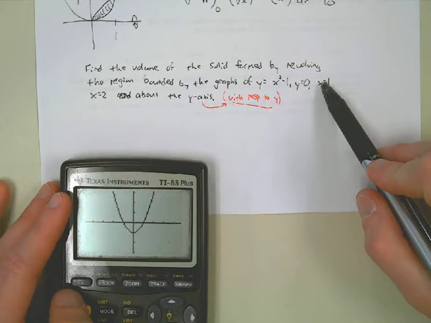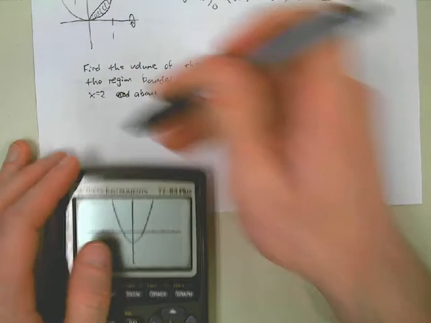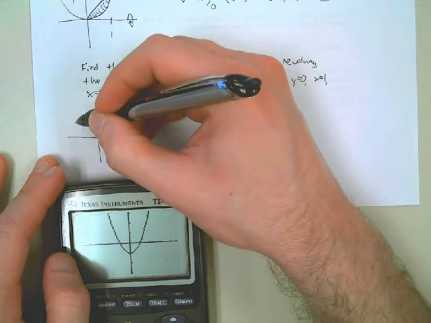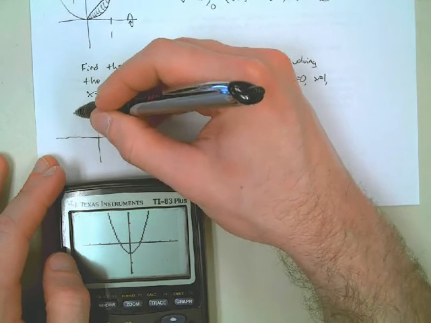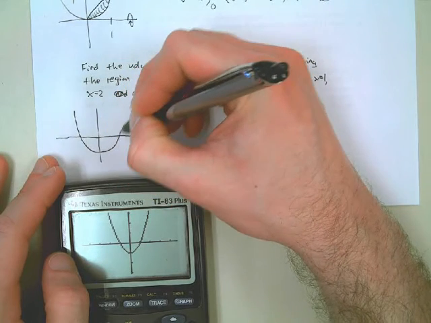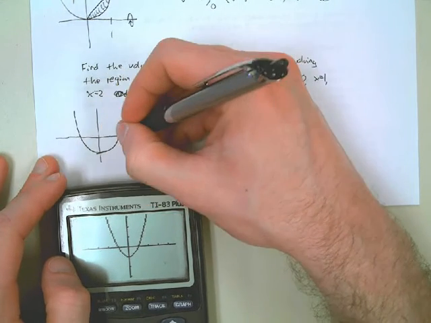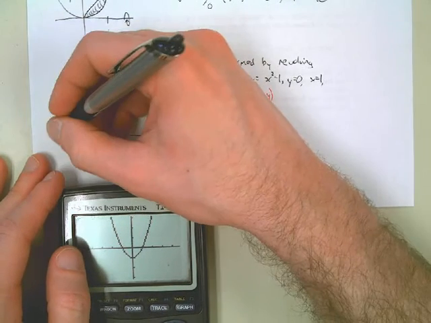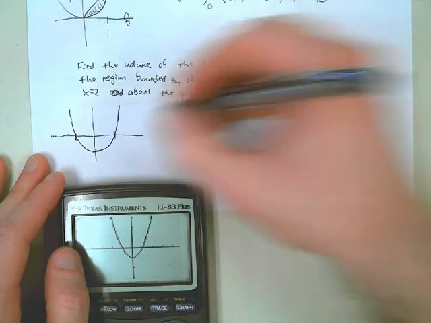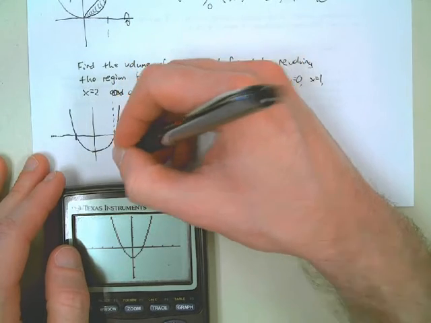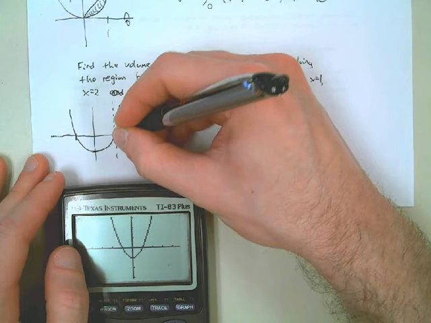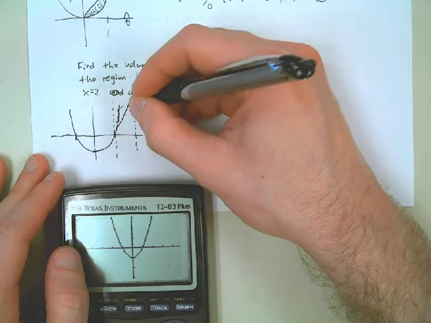So, let's see here. It might not be the region you originally thought it was. Y equals 0, so the x-axis is a boundary, and the line x equals 1, I'll draw that one in. There's x equals 1, and the line x equals 2. So, what region are we talking about here?